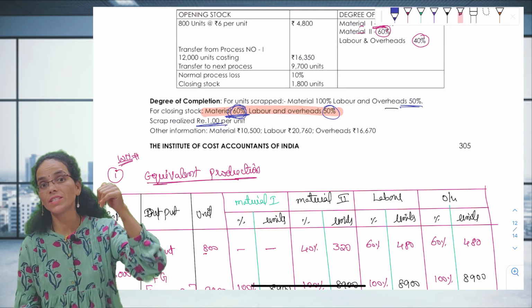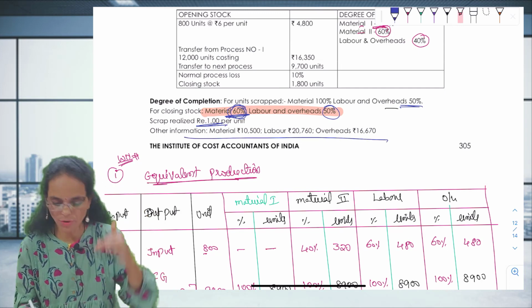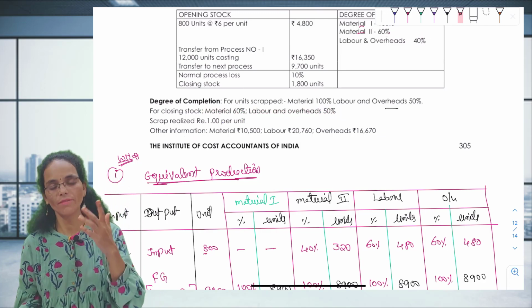Scrap realized we will check in the process account. The other information on the material cost also we will check in the process account. So as of now, everything relevant to the equivalent production is done.